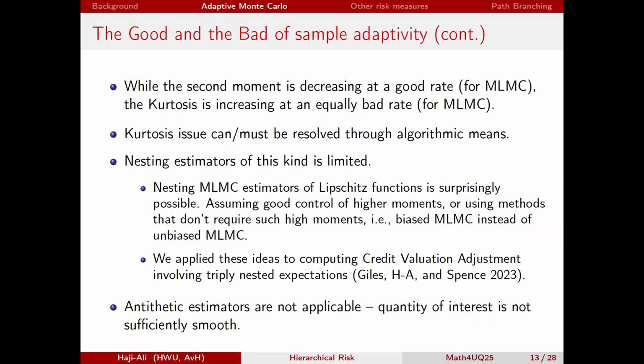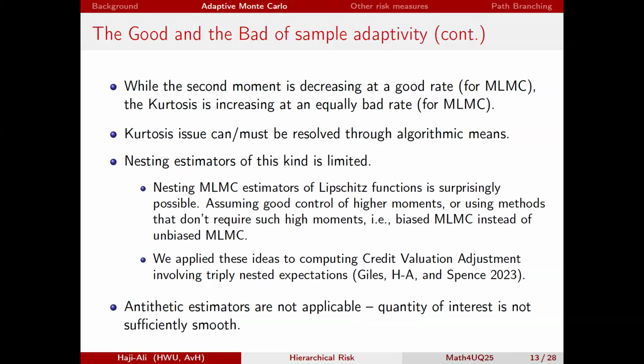So while we achieved our goal in improving the variance convergence, we also made the kurtosis worse. So this means that for multi-level Monte Carlo, where variance estimates are required for error estimates and for optimizing the number of samples, this is problematic. It means that those estimates would require increasingly more samples at deeper levels, which is not what you want in a multi-level Monte Carlo setting.